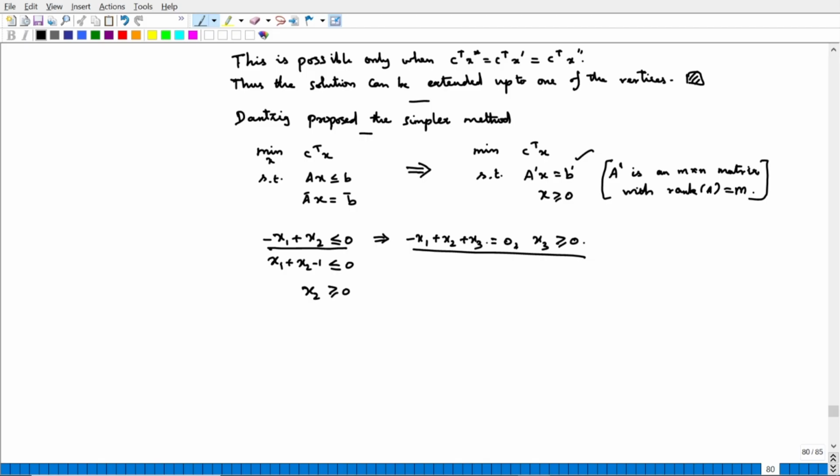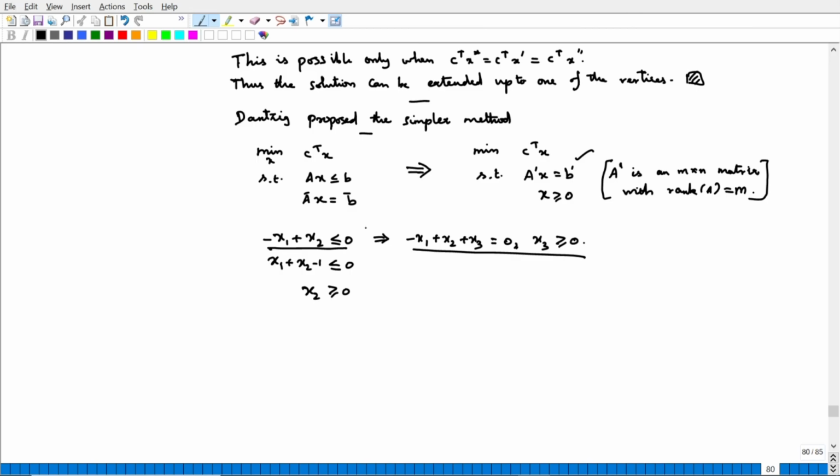Since minus x1 plus x2 is non positive, if you add the negative of this, say x1 minus x2, it becomes 0. So adding this slack variable x3, such that it is non negative, helps us convert an inequality constraint to an equality constraint and a non negativity constraint.